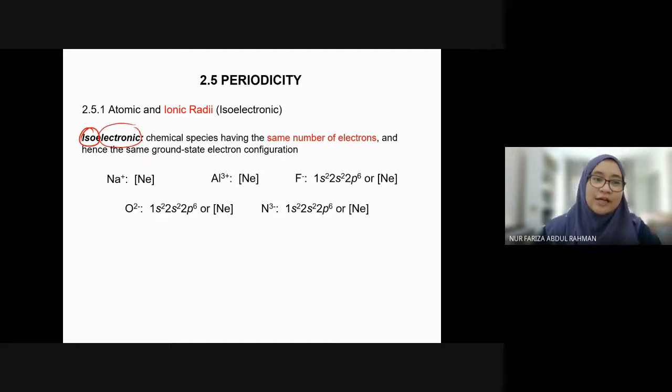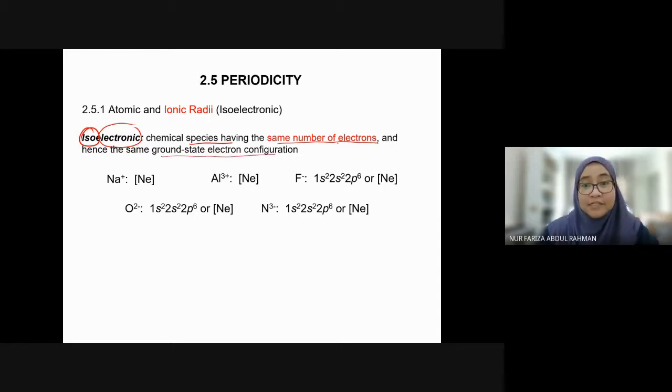So isoelectronic means species having the same number of electrons, and hence the same ground state electron configuration.